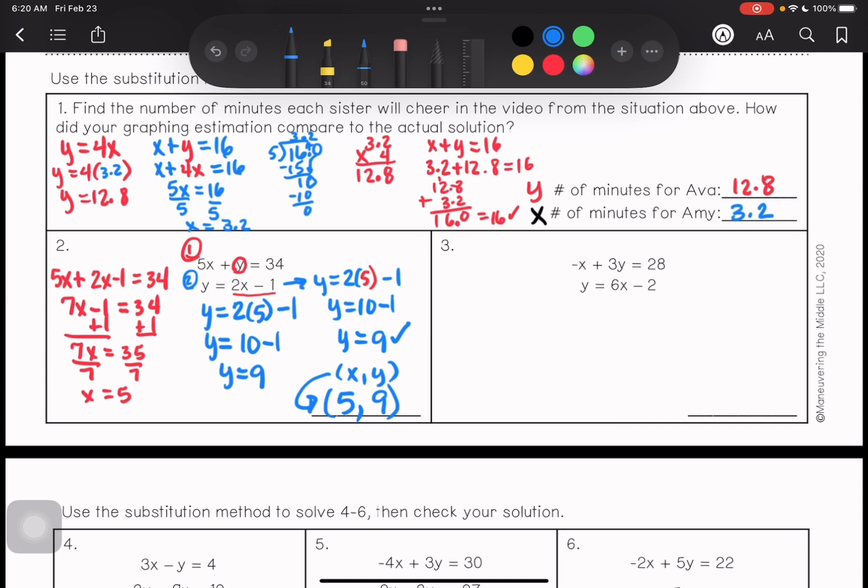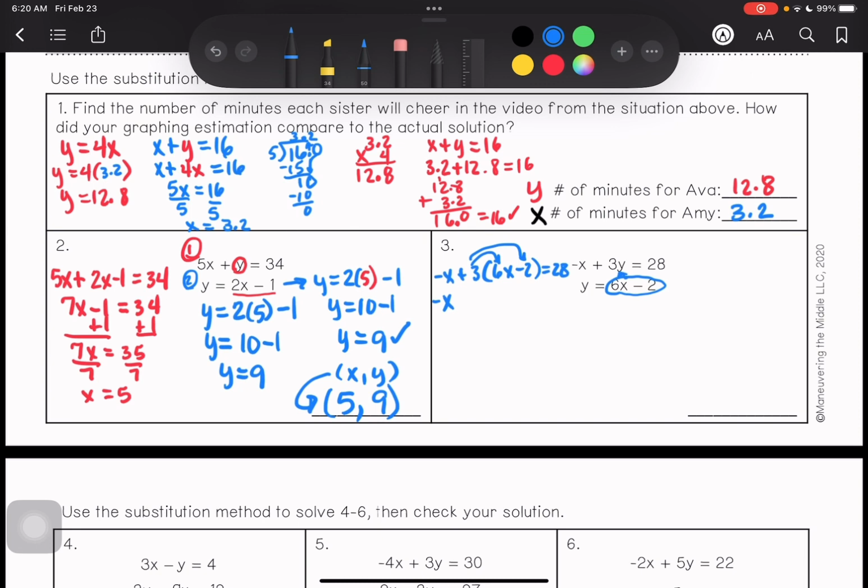Number 3. Y is already written in slope-intercept form. Y equals 6x minus 2. So we're going to substitute the value of y into the first equation. So we have negative x plus 3 times y. Y is 6x minus 2 equals 28. Because this number is on the outside of parentheses, we're going to have to apply the distributive property.